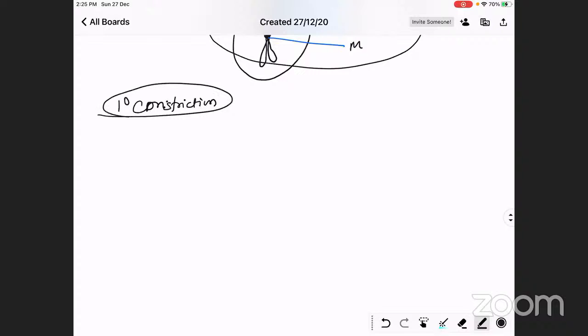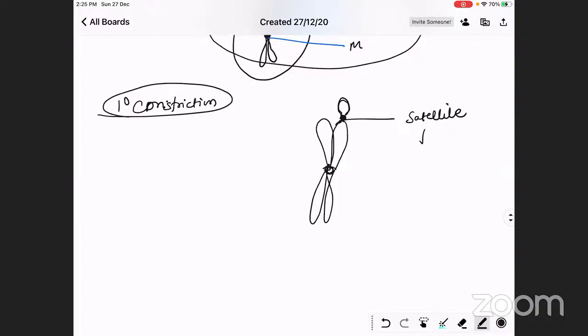What about the secondary constriction? Okay, just assume here this is the centromere, and here we have the primary constriction. If there is again a secondary constriction, here also a secondary constriction is present like this, and this side is known as the satellite.